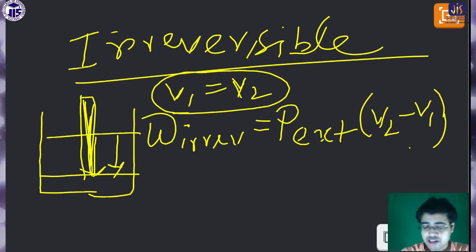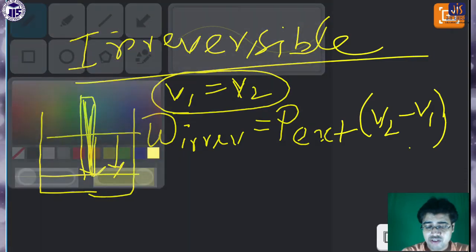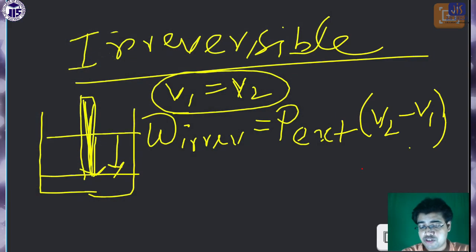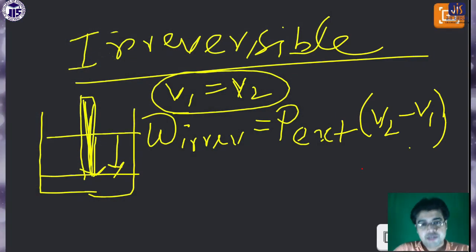Okay, I again repeat, why is integration not required here, but required in the previous case? Look, there it was a reversible process. So in a reversible process, obviously you have to take into consideration small steps. So that's why integration is required for the summation of all the small steps. But here it is a one-step process. So as it is a one-step process, there is no requirement of such kind of integration.